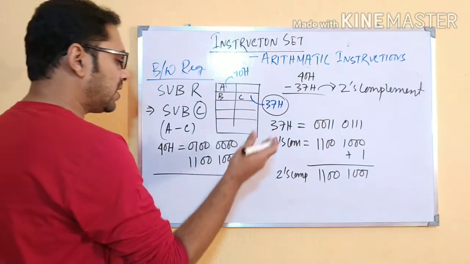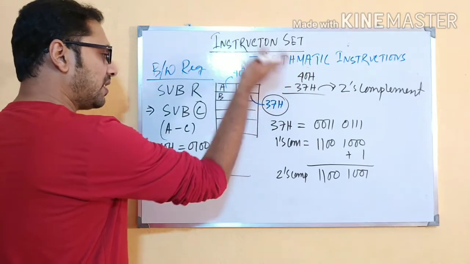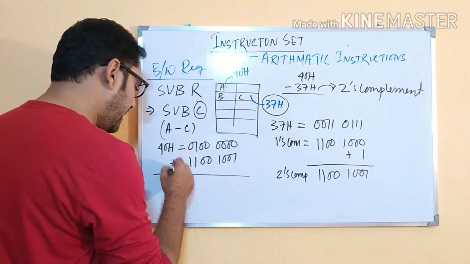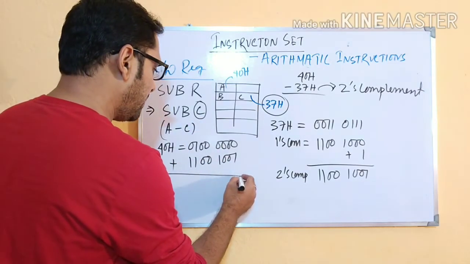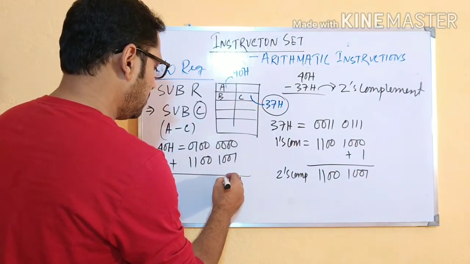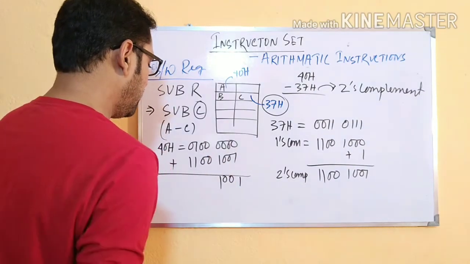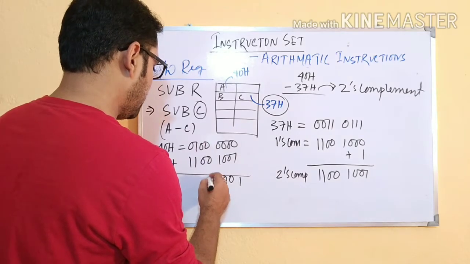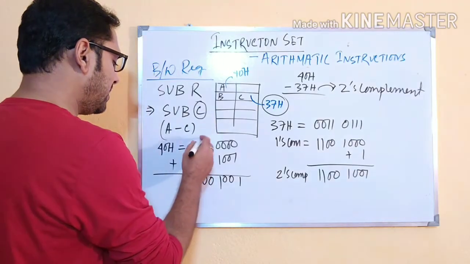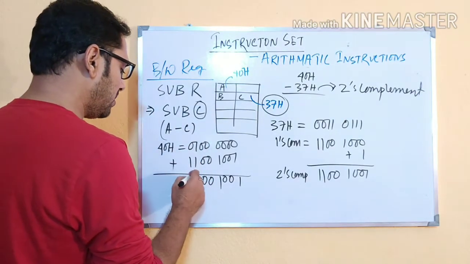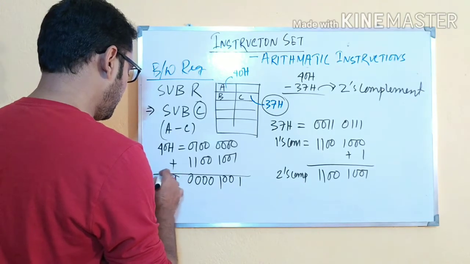So after getting the 2's complement of the value which I want to subtract from the content of the accumulator, it should be added. We need to perform addition here. So what is the value here? 1 plus 0 is 1, and so on, 1 plus 1 is equal to 0, 1 is carry, that 1 will be added here. So 1 plus 1 is once again 0 and the carry flag will be 1.